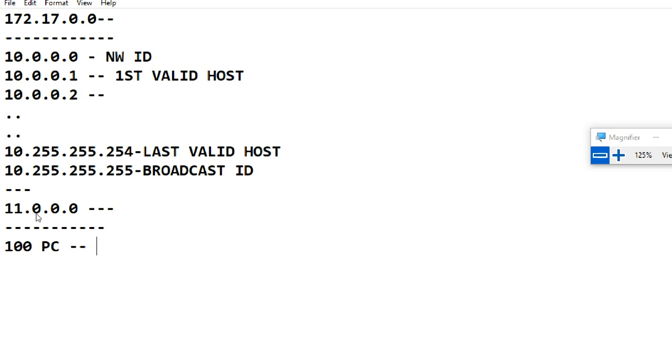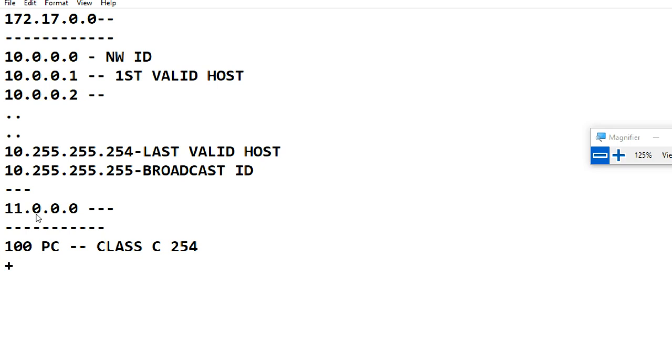Class C, very good. Why? Because class C has 254 only. If you take class B with 65,000, what will you do with the remaining IP addresses? So the suitable one is class C.